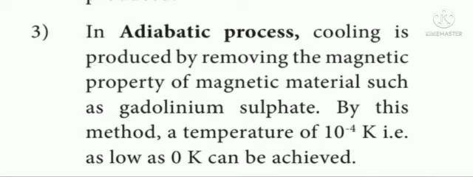Hence, in this adiabatic process, if you remove the magnetic property of the magnetic material, the temperature is reduced. If the temperature reduces, cooling takes place. At that time, the given gas is converted into liquid.